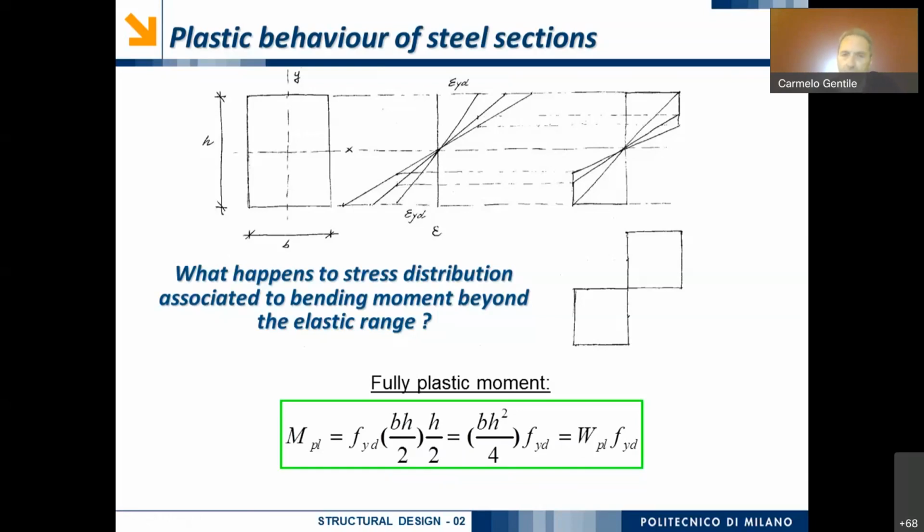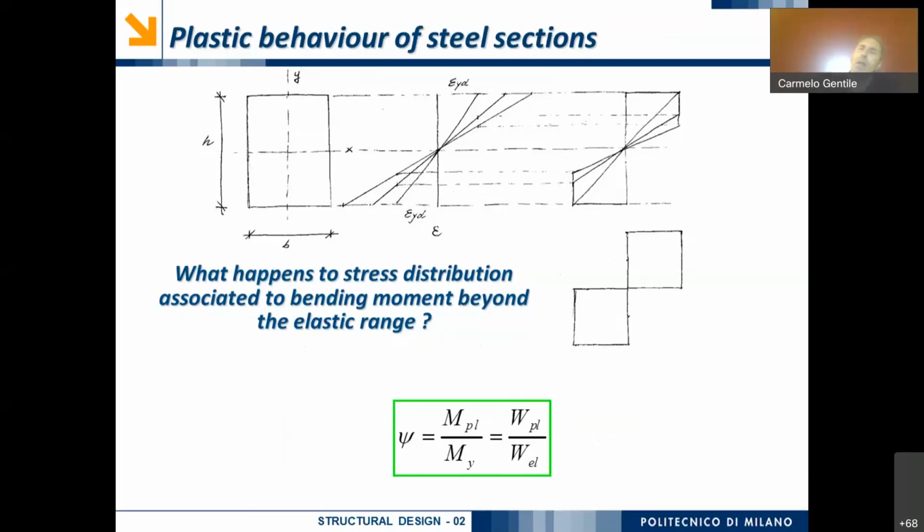In the case of rectangular cross-section, of course, B and H. When we have an I-beam, of course, it will depend also on other quantities, other geometric quantities, such as, for example, the overall height, the height of the web, the thickness of the flanges, and so on.